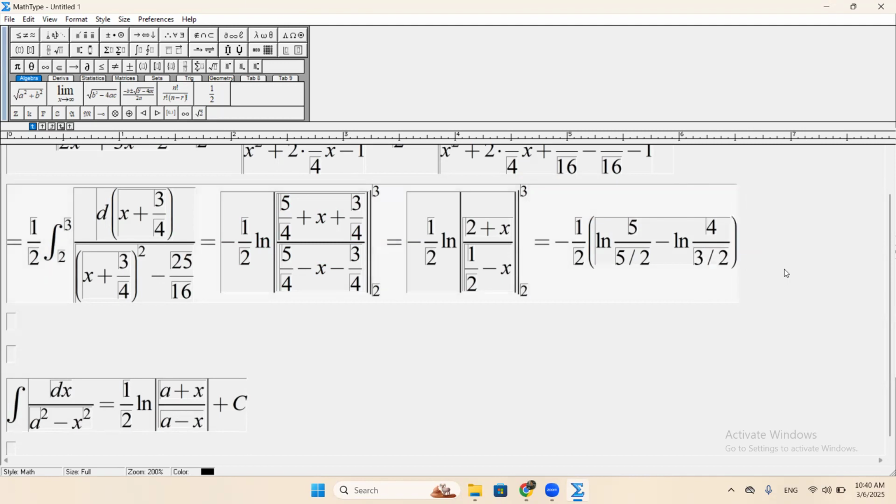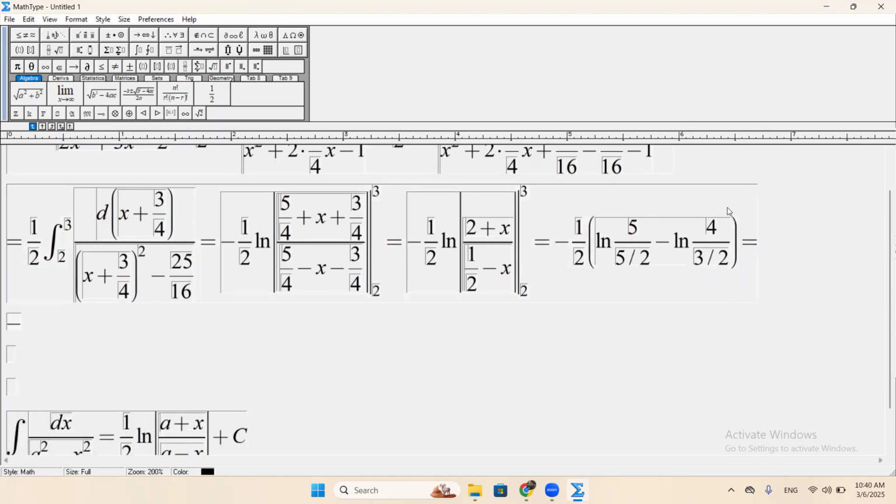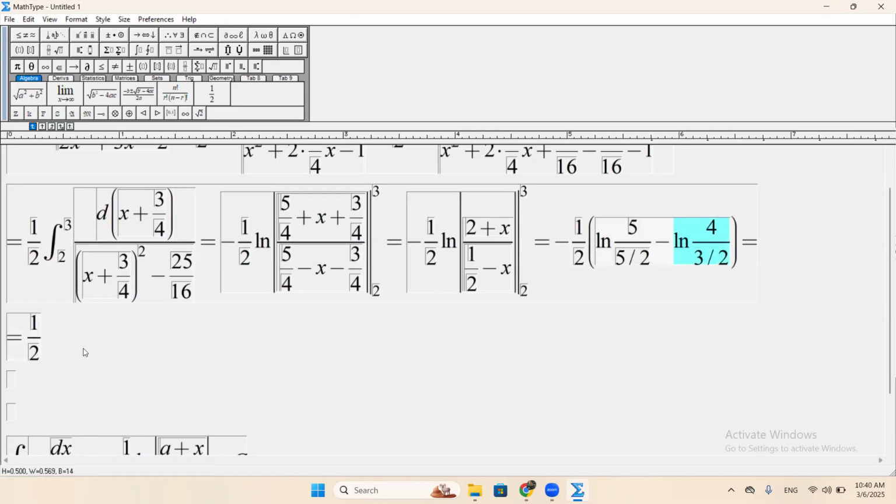And of course, we can simplify this expression a little bit. Minus 1 over 2, or we can move the minus here and just change the sign.